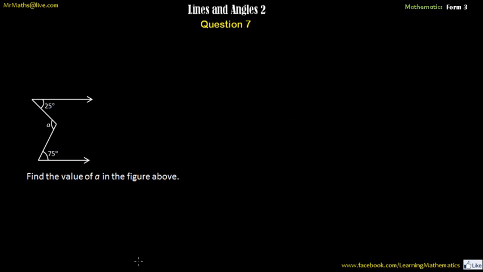Question number 7. 2 parallel lines at the top and the bottom, and you have 2 lines adjoining. The question is, find the value of A. So pause the video, understand the question, and try it on your own. When you're ready, you can continue playing the video. Are you ready now?